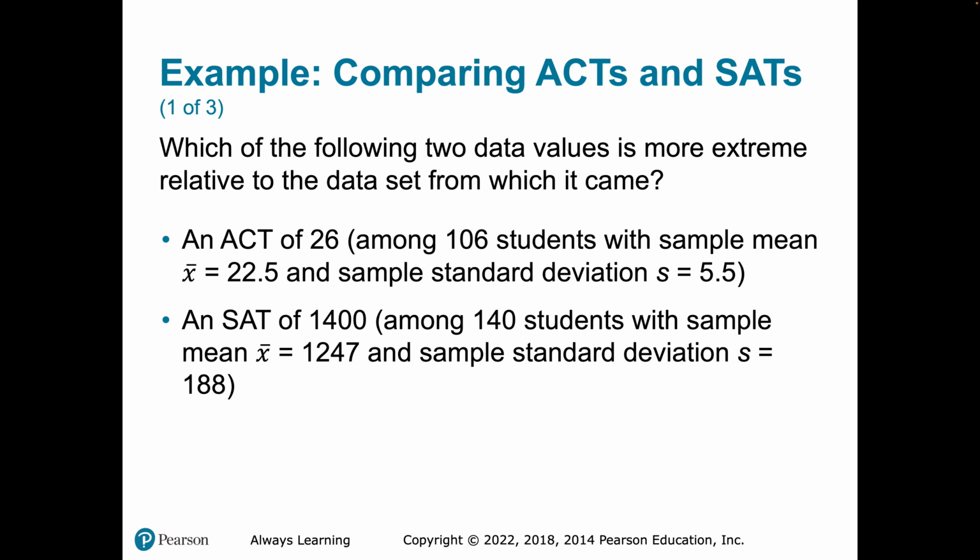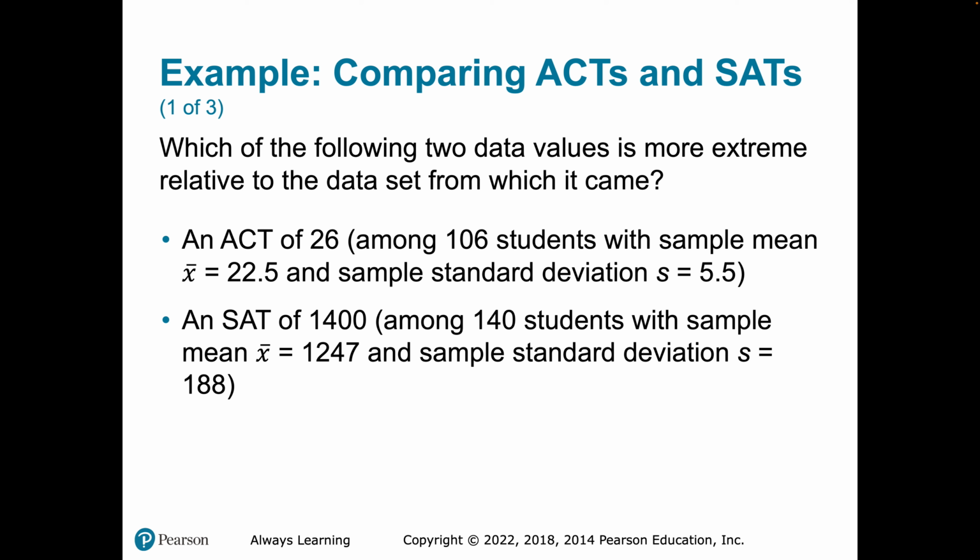I think this is all going to make a lot more sense once we start crunching the numbers. So let's compare ACTs and SATs, two completely different scales. It's really hard to compare them because they're on two completely different scales. Let's say we have an ACT of 26 that was calculated among 106 students with a sample mean of 22.5 and a standard deviation of 5.5. We also have a group of 140 students who took the SAT.